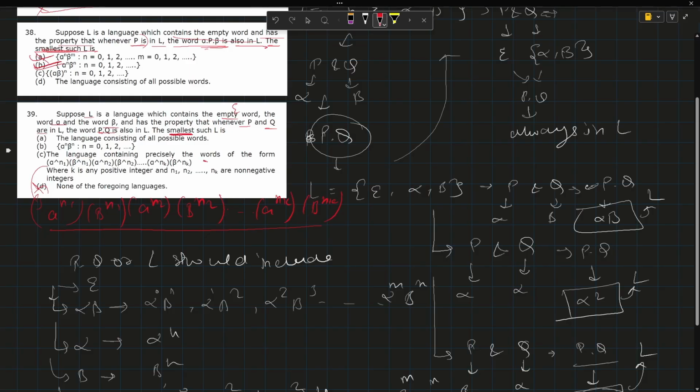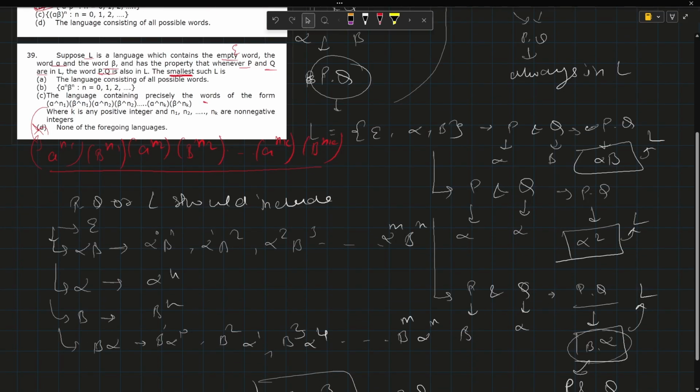This option is saying that there is a word of this form, but you can clearly see that it has alpha in the first place and beta in the last place, while we also have terms where beta is in the first place and alpha is in the last place, so it is not the correct one. And for this one, where alpha is in the first place and beta is in the last place, this is also not correct. The only correct option is the language consisting of all possible words. So yeah.